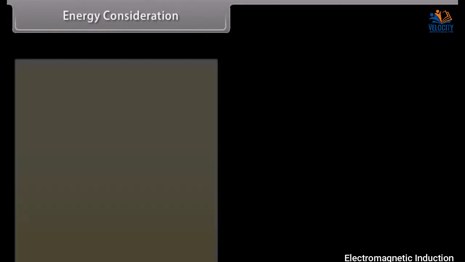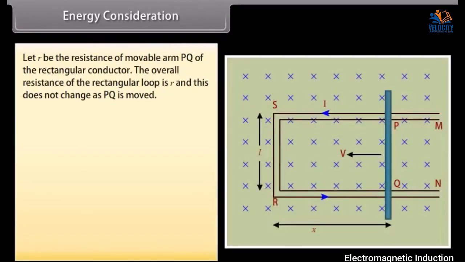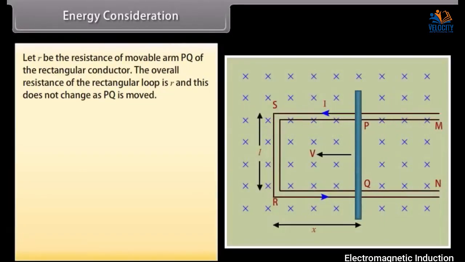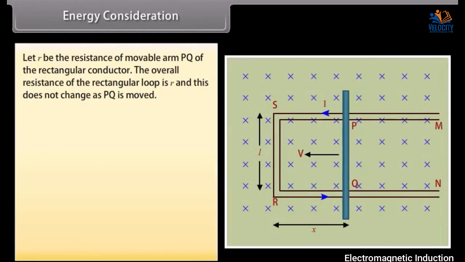Energy consideration. Let R be the resistance of the movable arm PQ of the rectangular conductor. The overall resistance of the rectangular loop is R, and this does not change as PQ is moved.